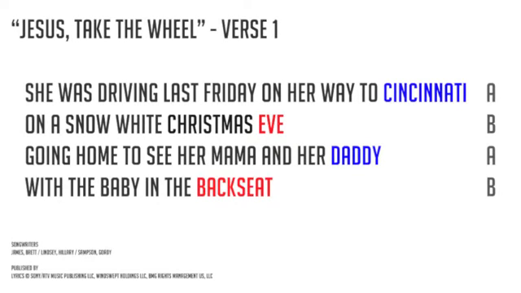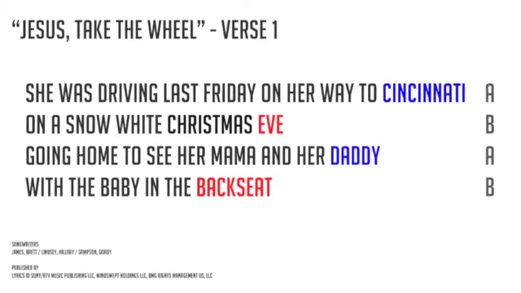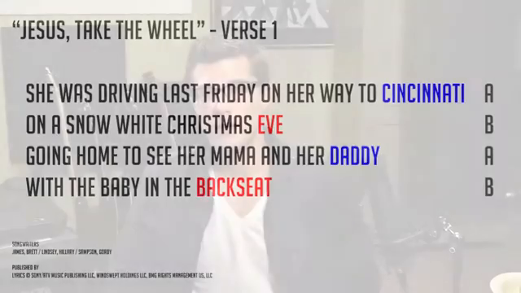So we basically have the "addie" sound from both Cincinnati and daddy working together to really anchor that verse down. Those are just a few examples of types of rhymes that you can use within the rhyming schemes.